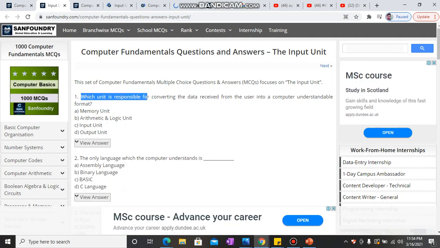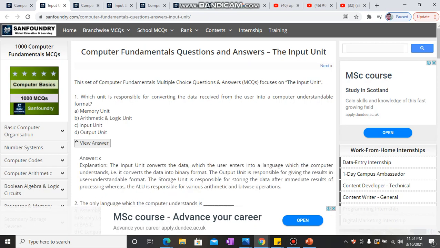Which unit is responsible for converting the data received from the user into the computer understandable format? You might have got some idea about it. We have a couple of answers: memory unit, arithmetic and logic unit, input and output.